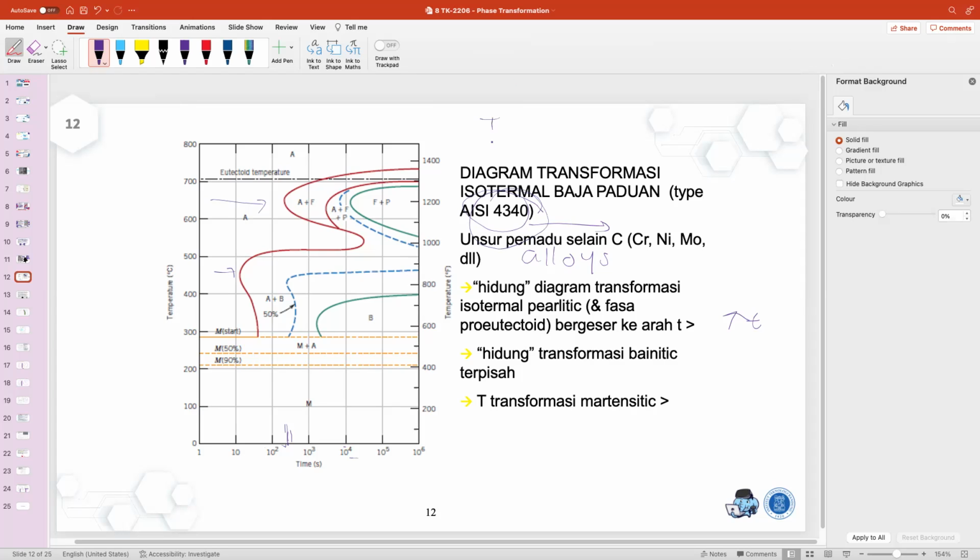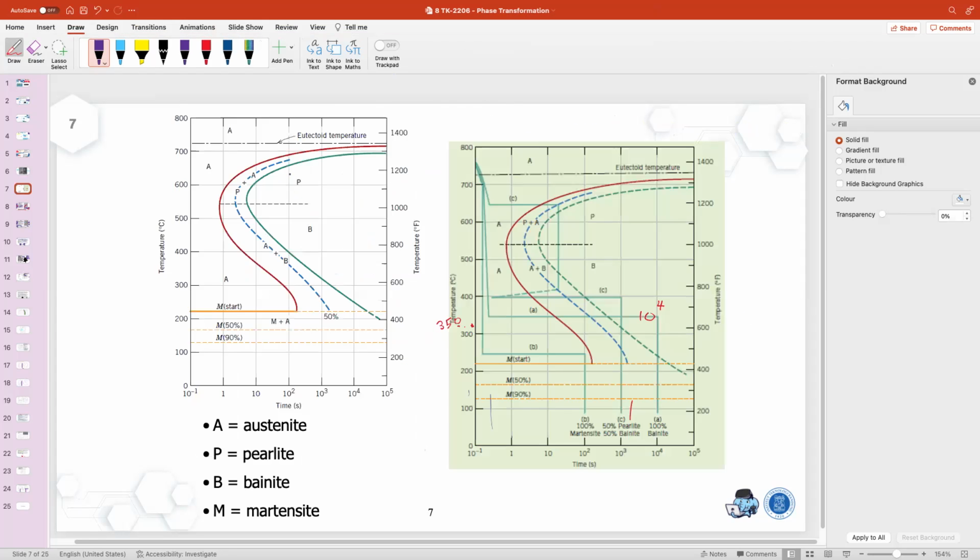So that is the isothermal transformation. Okay, so the key is isothermal transformation. The way the isothermal transformation works, you have to cool it down to some temperature and then hold it for some time and then quench again to room temperature.